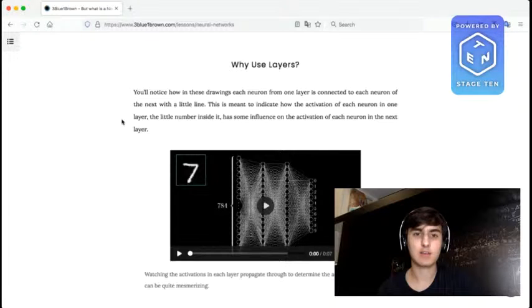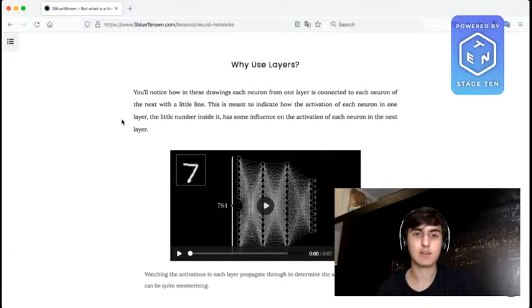Each layer has influence on the next. He says, watching the activations in each layer propagate through to determine the activations in the next can be quite mesmerizing. However, not all these connections are equal. Some will be stronger than others, and as you'll see shortly, determining how strong these connections are is really the heart of how a neural network operates as an information processing mechanism.